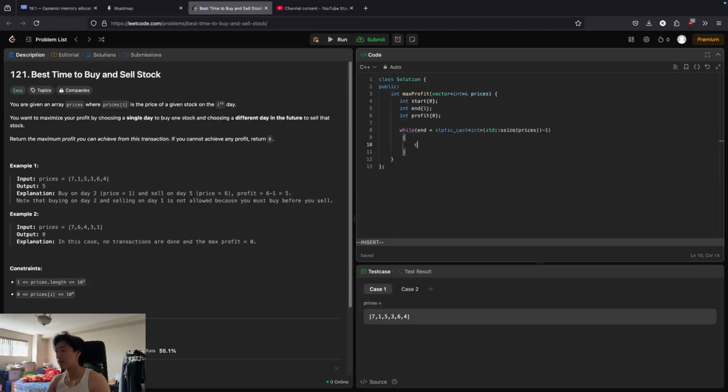So we calculate calc, which would mean we calculate the very start one: prices at the start minus prices at the end. Oh shoot, it's the other way around.